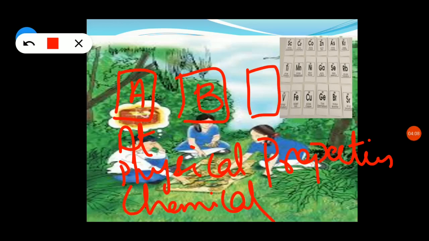He observed that most of the elements got a place in the periodic table, and all the elements were arranged in the order of their increasing atomic masses. He also observed that there was a periodicity, that is, the periodic recurrence of elements with similar chemical and physical properties.